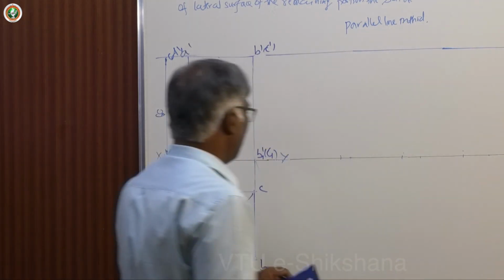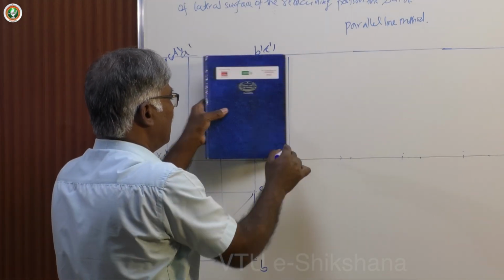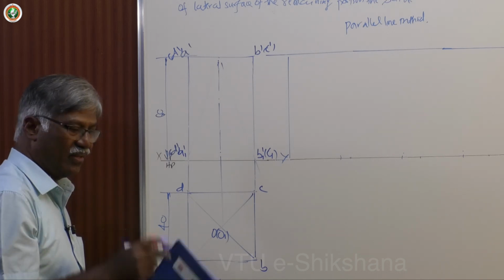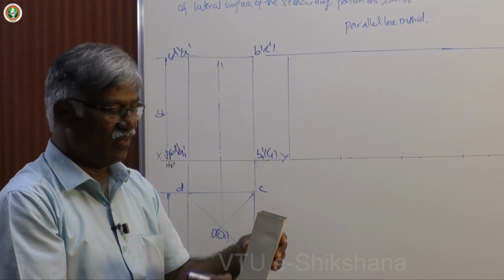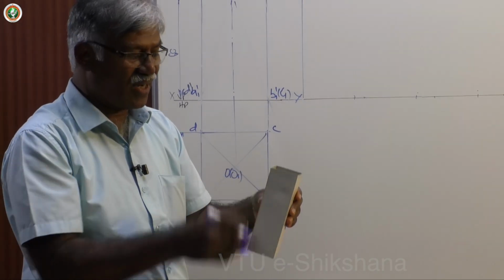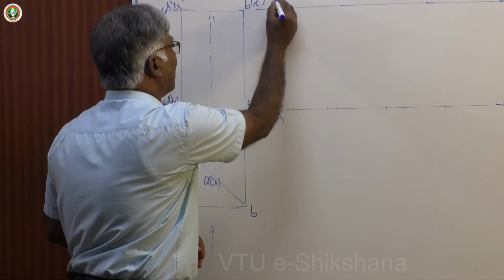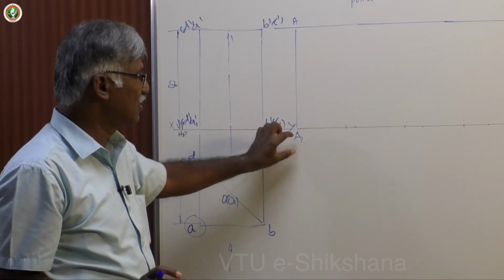Next, start with an initial edge. Initial edge must always be this one, AA1. Start with this extreme right edge, AA1, BB1, CC1, DD1. Let me start from AA1 and name this as AA1, capital letters, small size, not small letters.